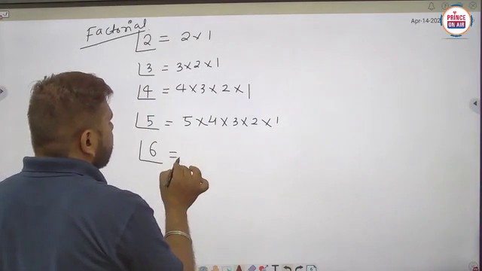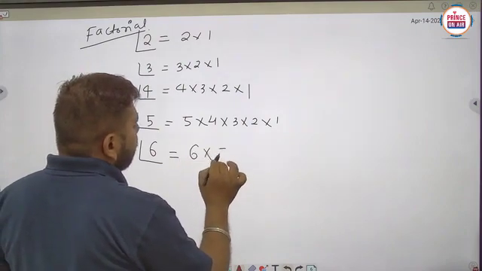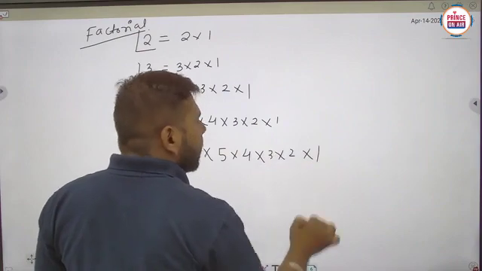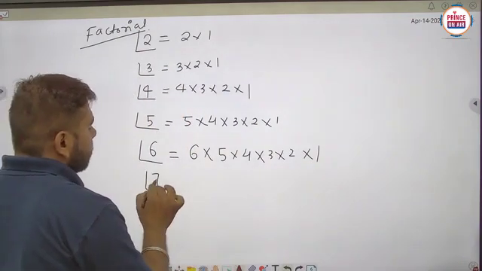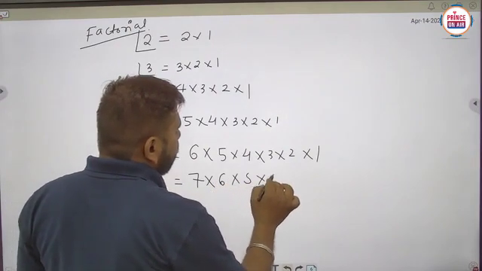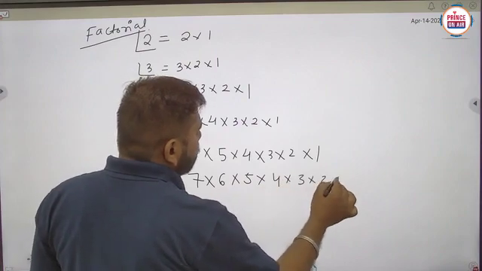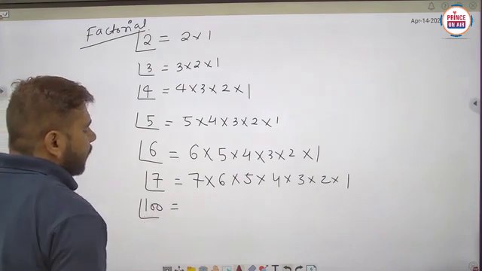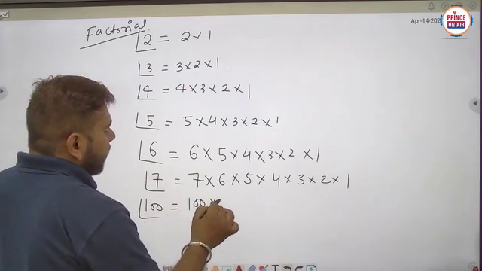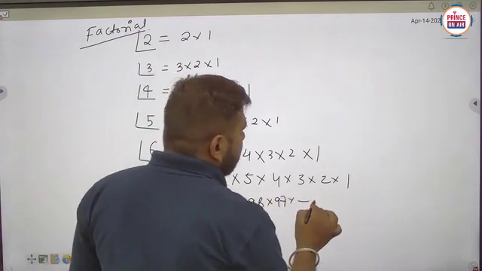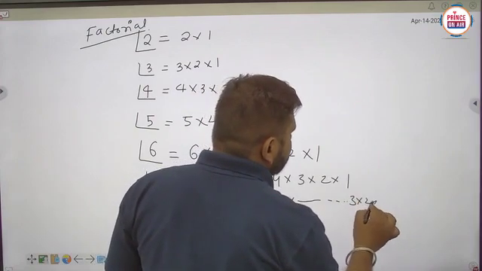Clear beta? If I want to find out the value of factorial 6, then 6, 5, 4, 3, 2 into 1. Factorial 7, 7, 6, 5, 4, 3, 2, 1. And suppose that you want to find out the value of factorial 100, then how will you find out? 100, 99, 98, 97 and finally 3, 2, 1.